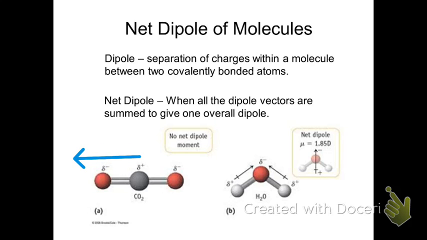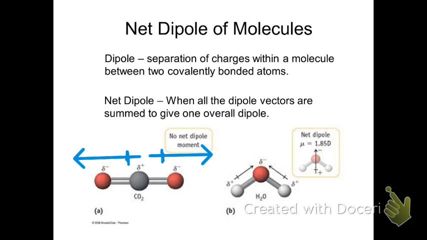Okay. And I'll make sure I know my dipole. So here's one dipole, and you go, well, there's another one going this way.